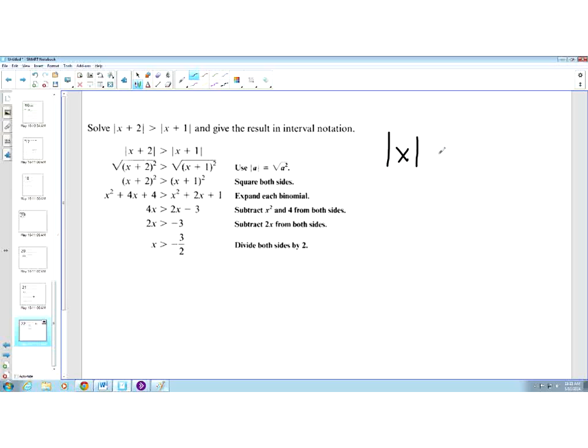Recall that the absolute value of a number is also equal to the square root of x squared. And so we replace the absolute values with the square root notation, square both sides, and then algebraically solve. So take a look at this example. You have some more interesting ideas.